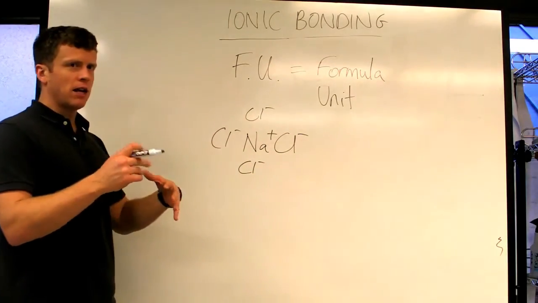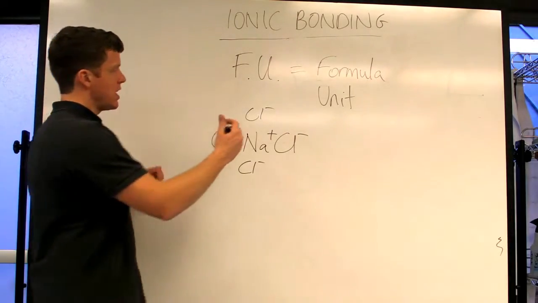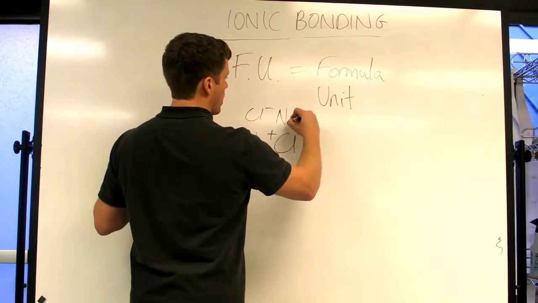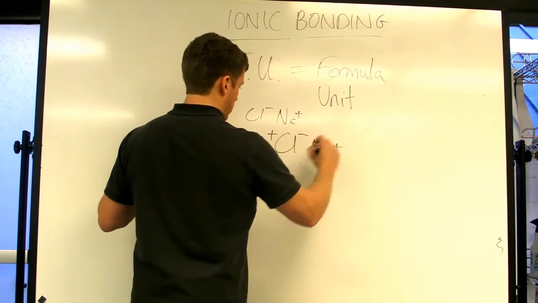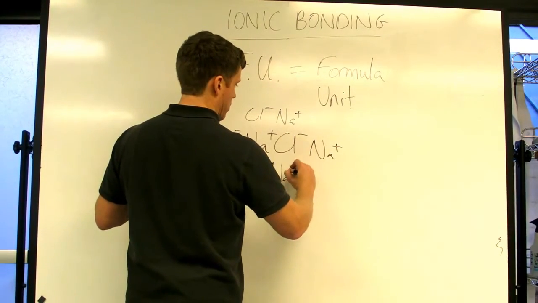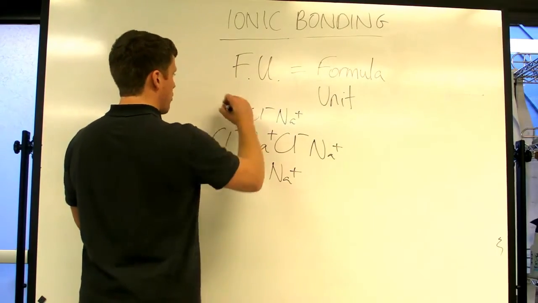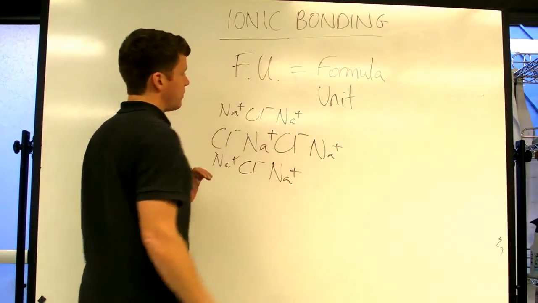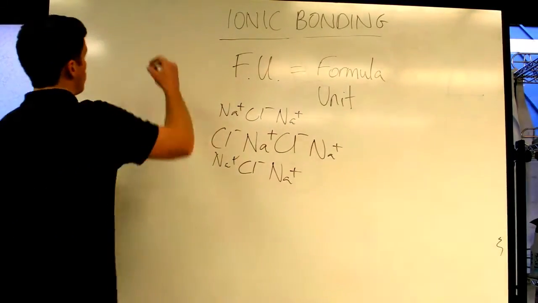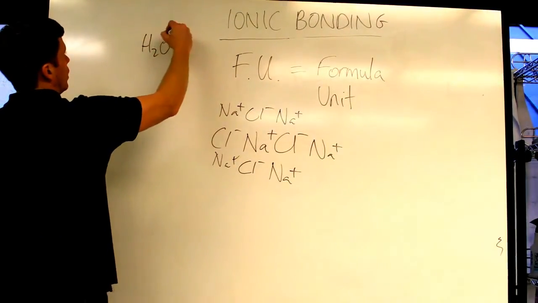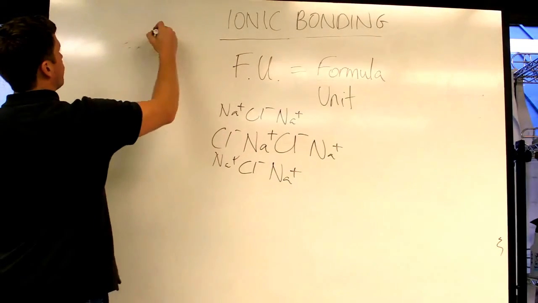And so then if you imagine that as that pattern continues, around each of these chloride ions you can get more sodiums. And this repeats all the way through an ionic solid. So you don't have discrete molecules like H2O. I'm sorry, let me redraw that.